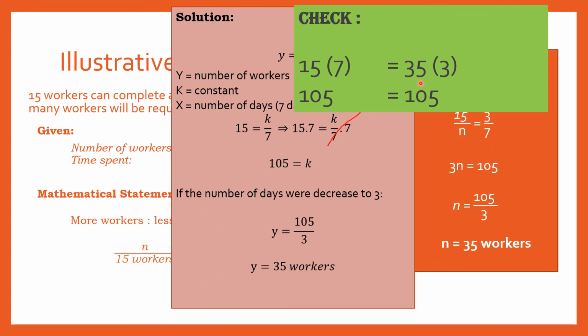Now let us get the product. 15 times 7 is equal to 105, and 35 times 3 is 105. Therefore, it is proportion, and our answer is correct. To conclude, if 15 workers can complete a road construction in 7 days, we will need 35 workers to complete the road in 3 days.